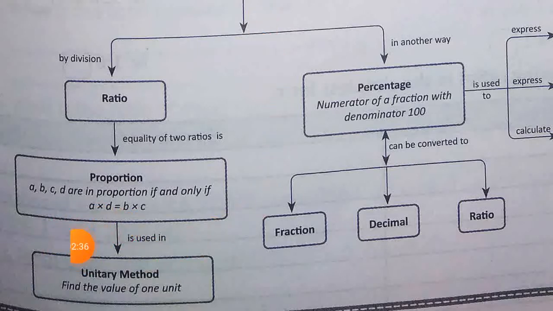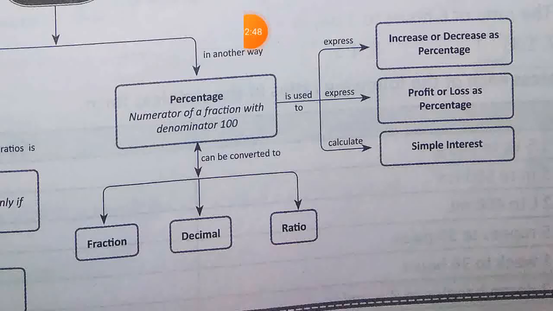Proportion is used in the unitary method, to find the value of 1 unit. Comparing quantities in another way, percentage, is used to express increase or decrease as a percentage.